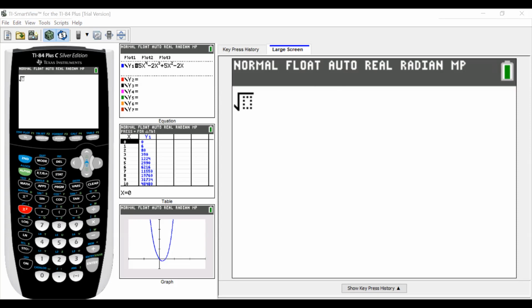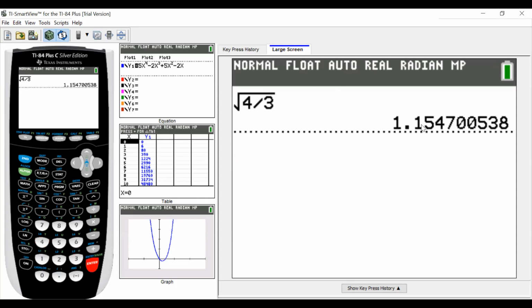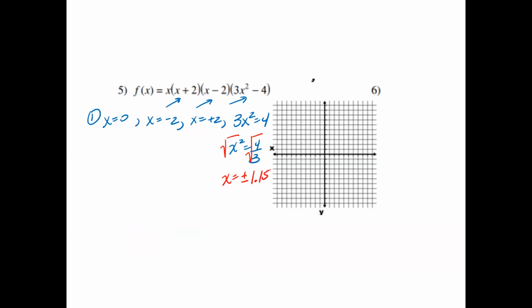Takes me a little bit longer, mainly because I have to switch back and forth, so thank you for being patient. So type in 4 divided by 3, enter. And that gives you 1.155. So you don't just have one of them, you have 2 of them. You have a positive 1.155 and a negative 1.155.